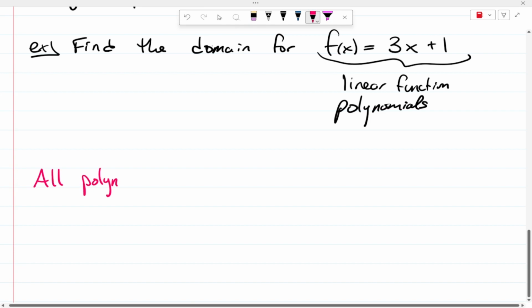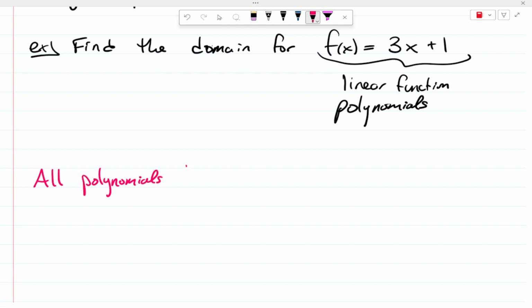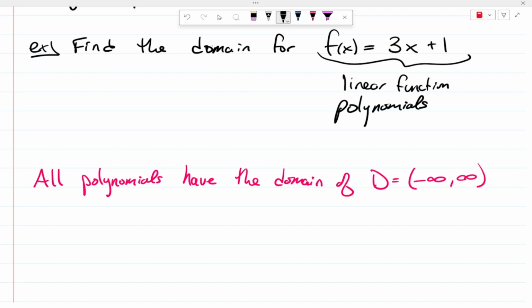All polynomials have the domain of negative infinity to positive infinity. So as long as you got a polynomial, that's what your domain will always be.